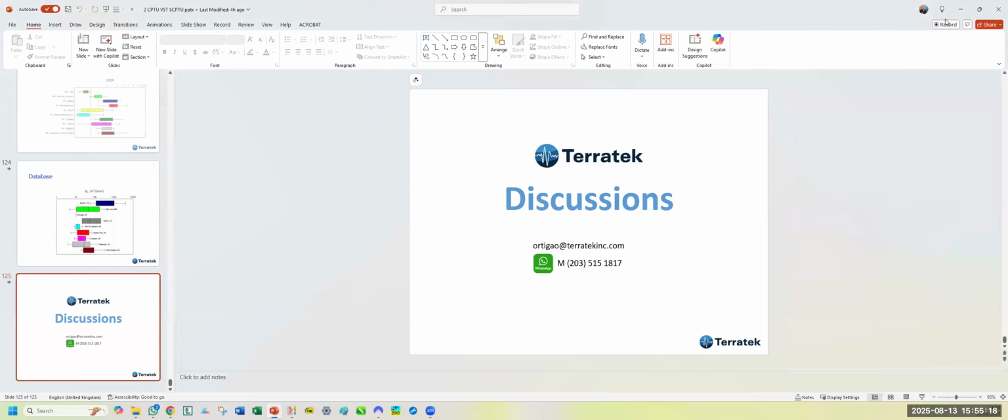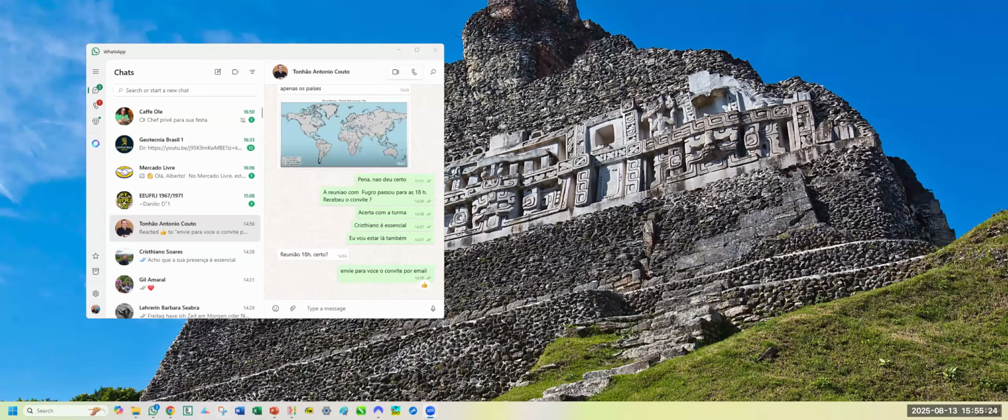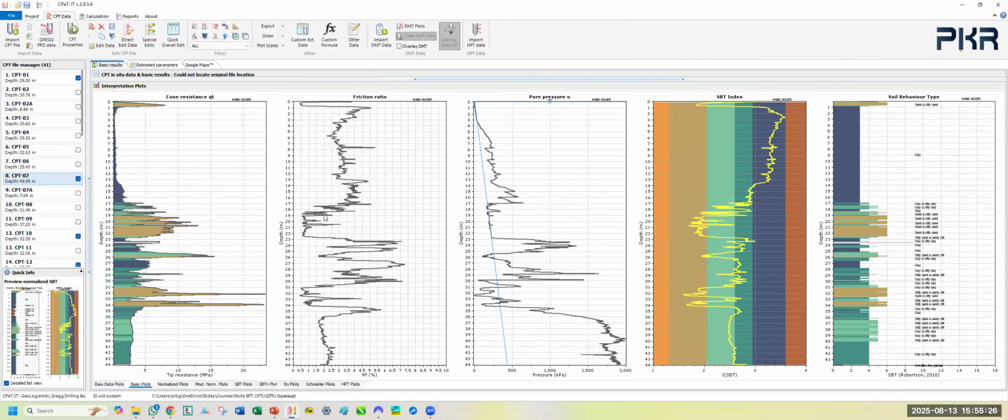Before I finish, I'd like to show you the program, how it works. Let me see. Can you see my screen or not? Hello? Can you see my screen here with the program? Oh, no, I think I have to share again.